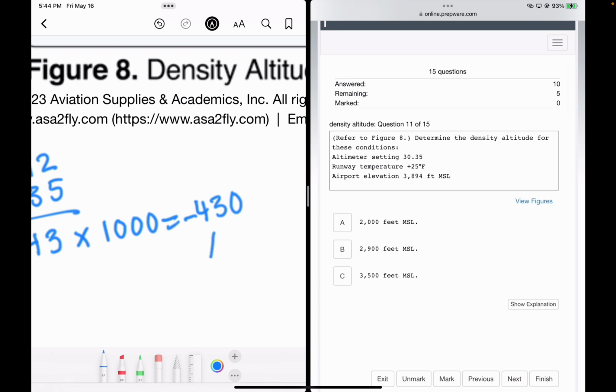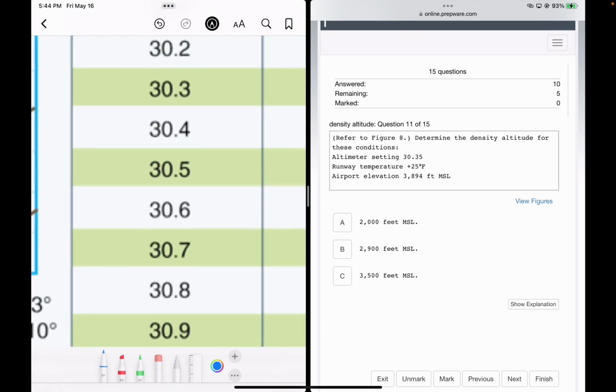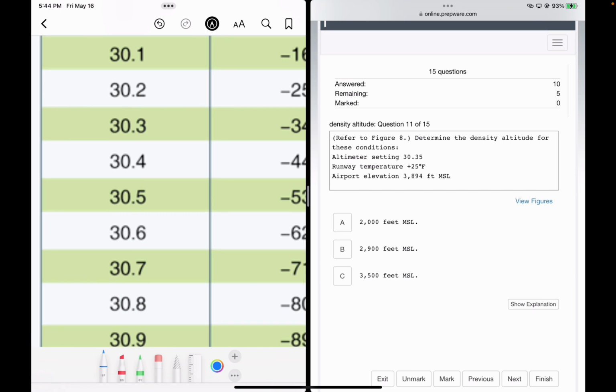Okay, so I'm going to take this number. This is the conversion factor. I'm going to double check on this chart that we did this right. So we're going to find 30.35. 30.35 should be here.